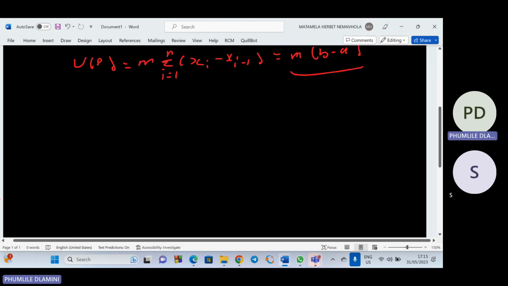So now we're going to go to one of the definitions, but this definition you have been using in calculus.